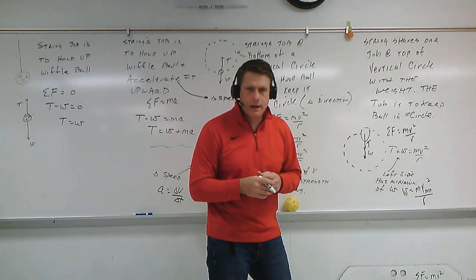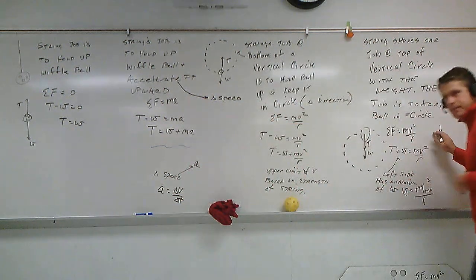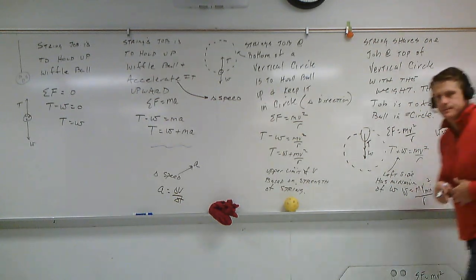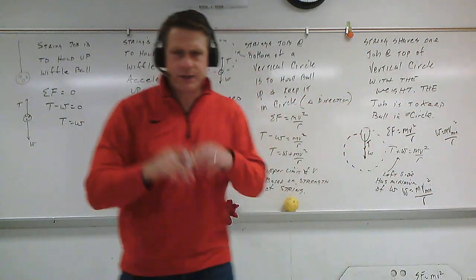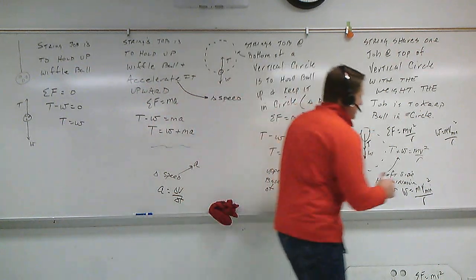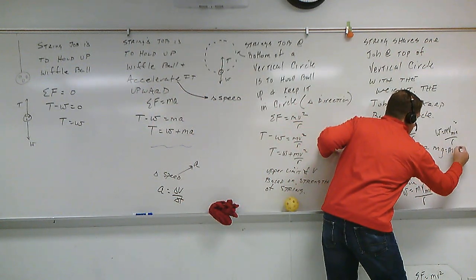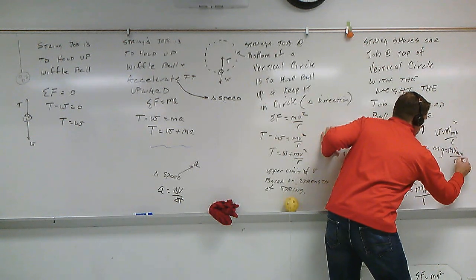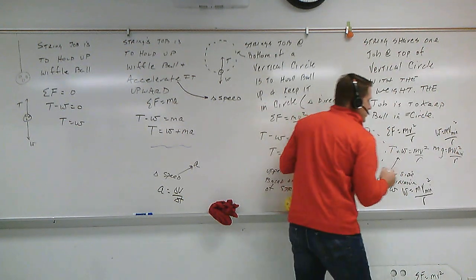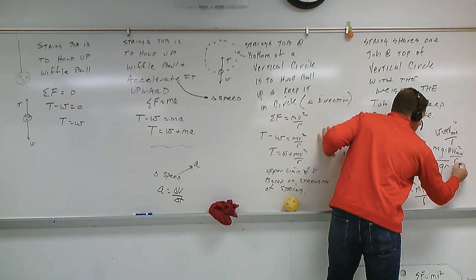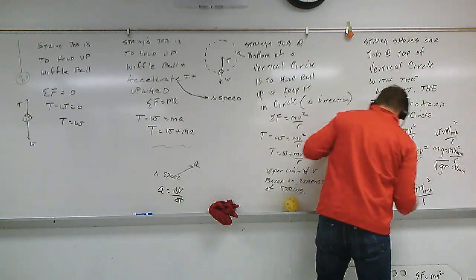If W equals m v min squared over r, and W is m times g, so mg equals m v min squared over r. Well, the m's go away, and the square root of g times r equals v min.